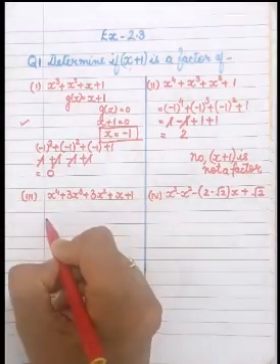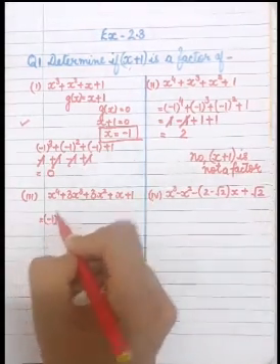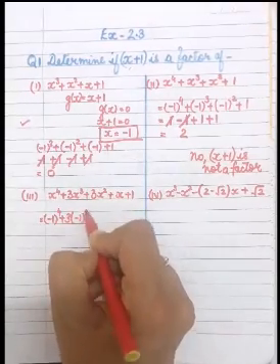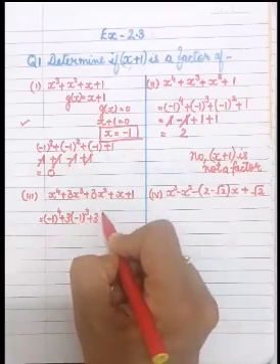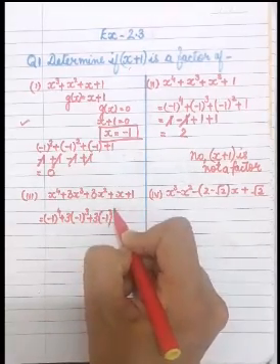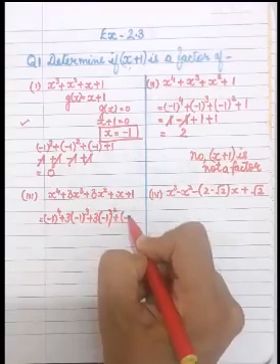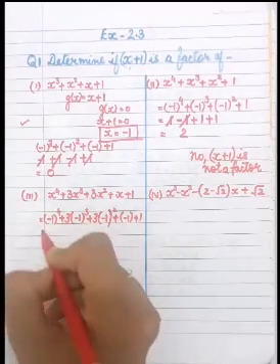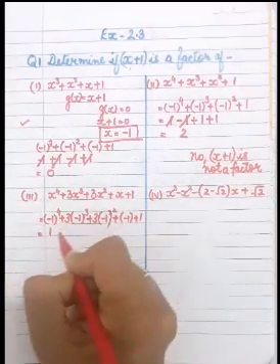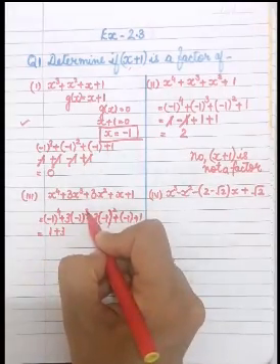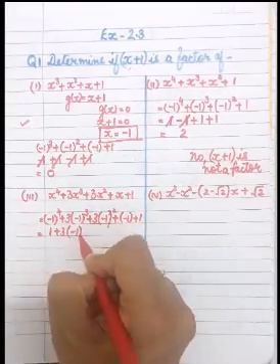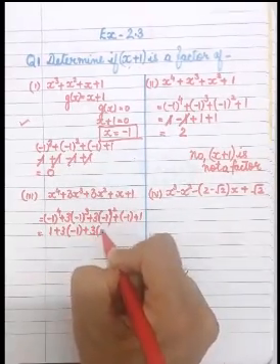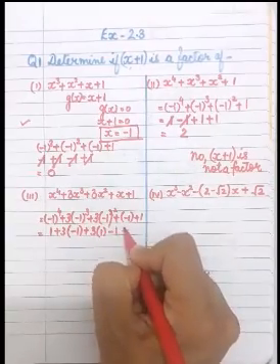Coming to the third part, again by putting the value x equal to minus 1, it will be (minus 1) power 4 plus 3 (minus 1) power 3 plus 3 (minus 1) square plus (minus 1) plus 1. As it is an even power, it will make it positive 1, plus 3 times odd power, it will be minus 1, even power square, it will be plus 1, minus 1 plus 1.